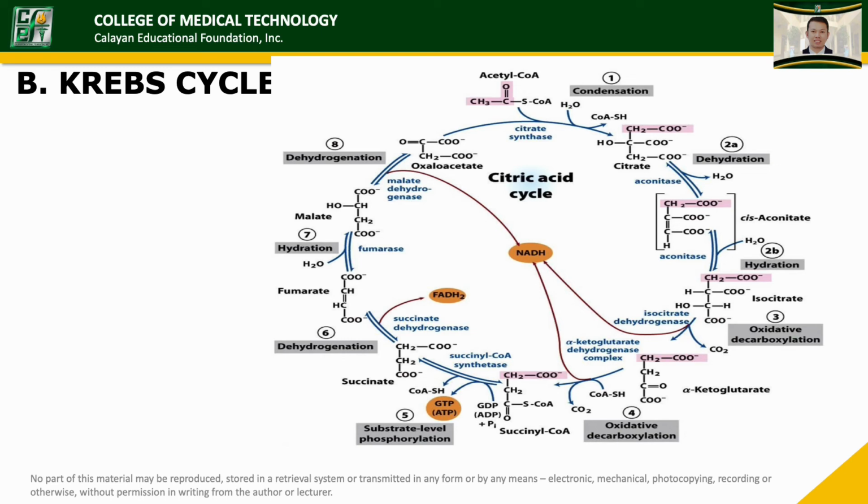Since there's a removal of water, citrate became aconitase. And then aconitase will undergo hydration, or the addition of water, and then it will now become isocitrate dehydrogenase. This one. And then you also have here oxidative decarboxylation.